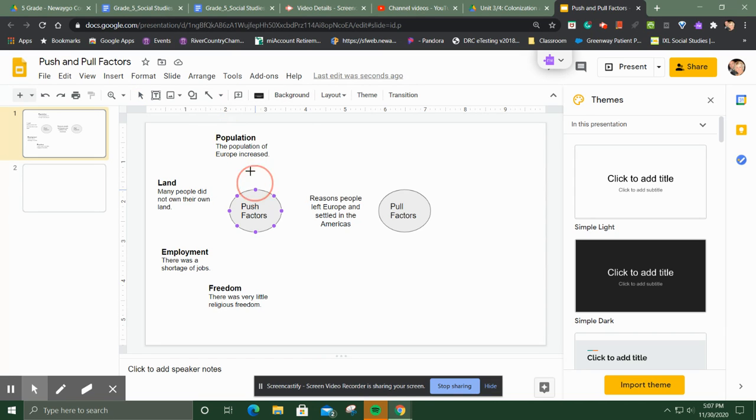So we're going to draw some arrows here because in a thinking map, we need to draw arrows to connect all of our thoughts. And we can actually move that one. Let's delete that one and fix it up.